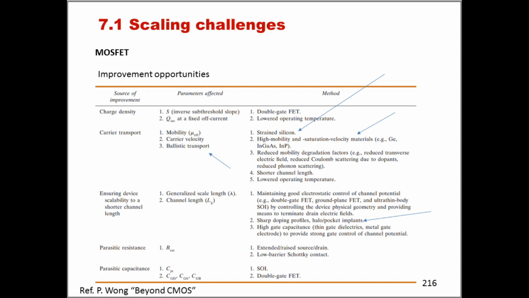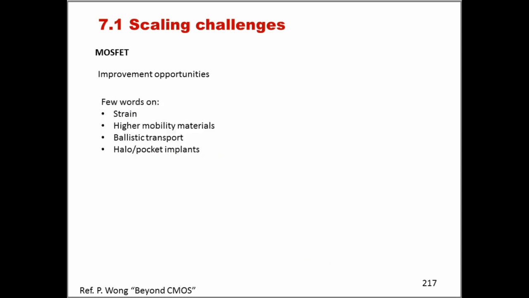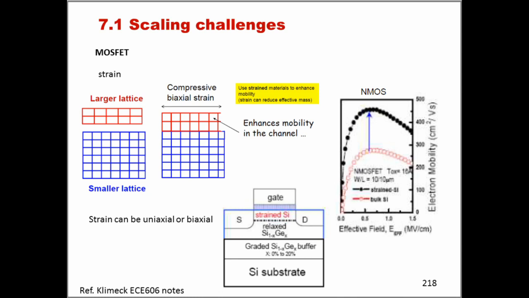We've seen some already while we were discussing the potential problems. Here I would like to have a look at a few of them, just because I think they are interesting. So I would like to briefly discuss with you strain, the use of strain to improve things, ballistic transport, the use of high mobility materials, and halo pocket implants. Let us start with strain.